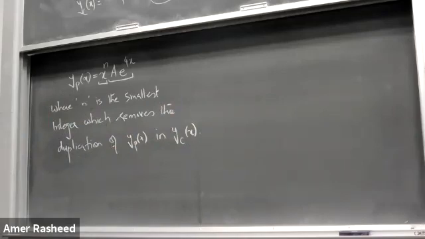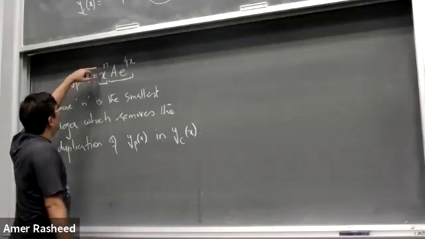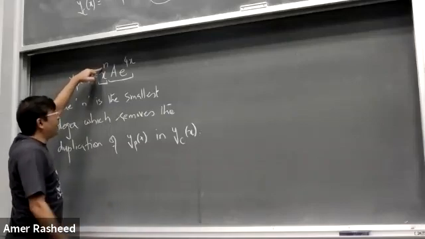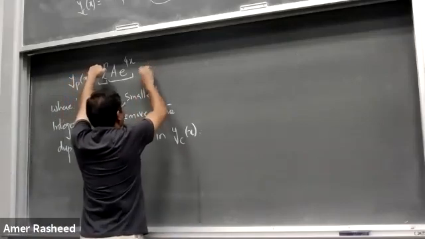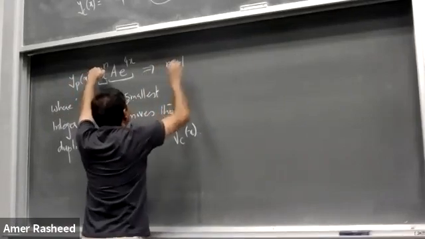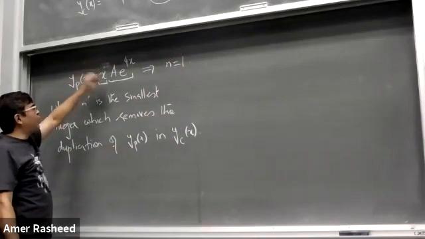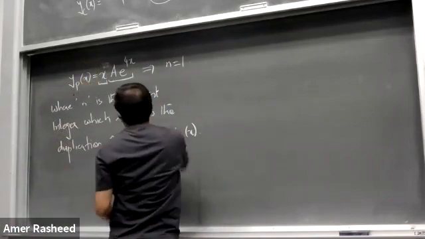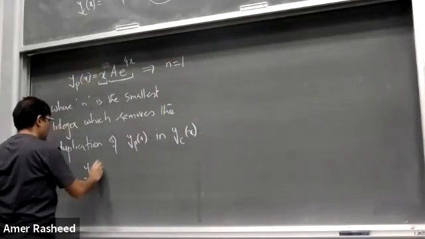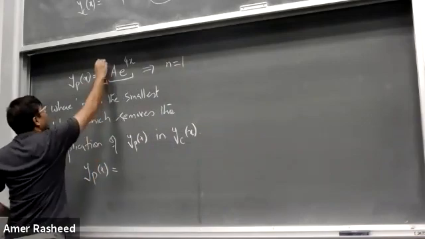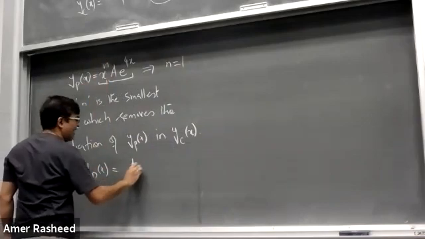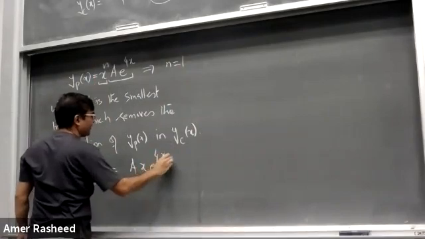Means if we choose n equal to 1, then it will be x to the power 1, and in this case yp of x will be a times x times e raised power 4x.